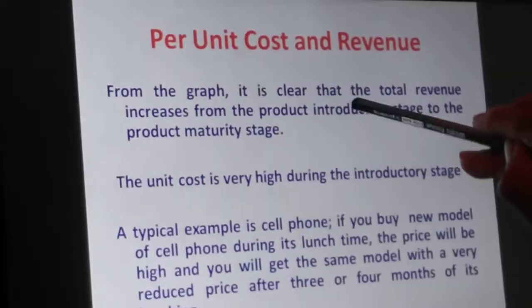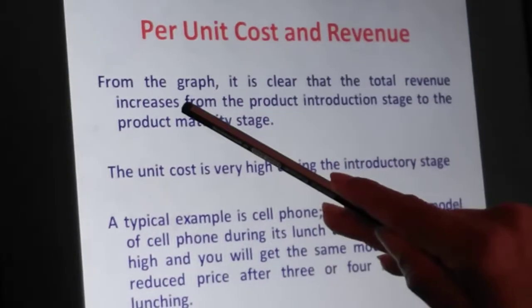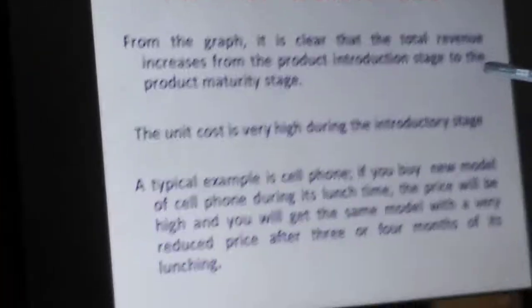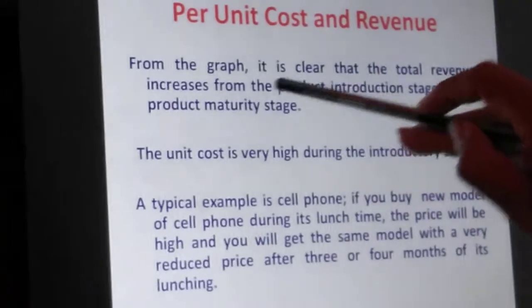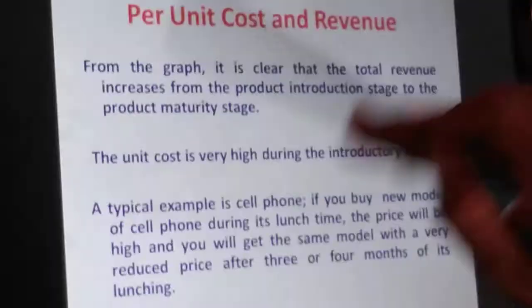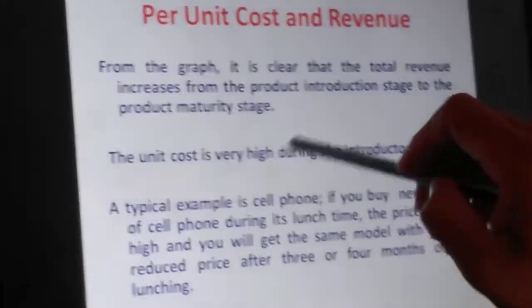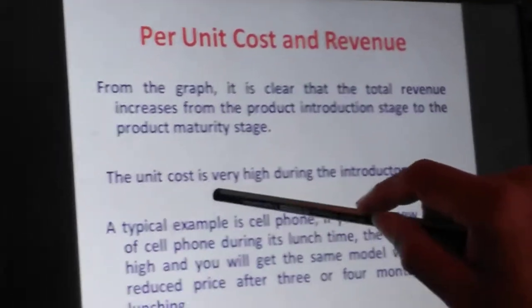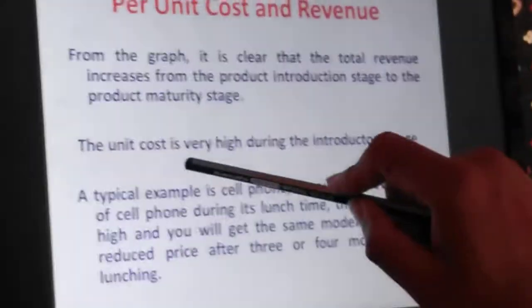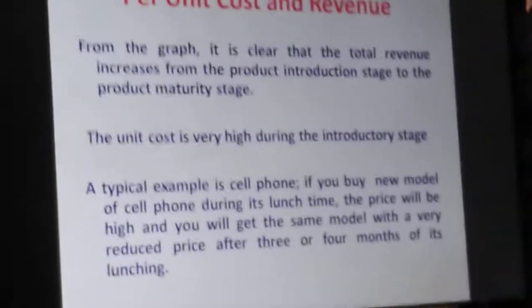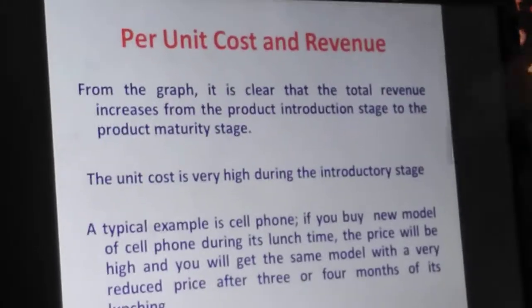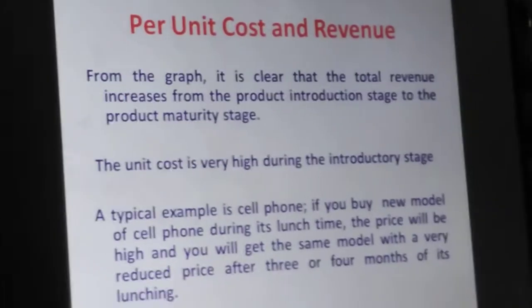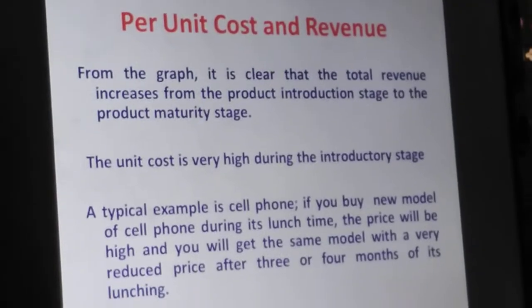From the graph, it is clear that total revenue increases from the product introduction stage to the product maturity stage. The unit cost is very high during the introductory stage because the NRI cost is high. NRI cost is non-recoverable investment. Whenever a company is producing a new product, it must do a lot of investment in research and development.